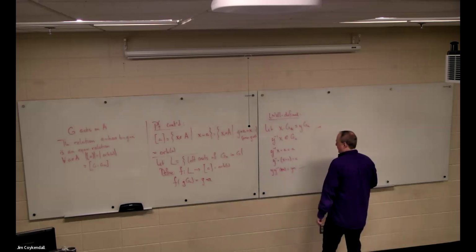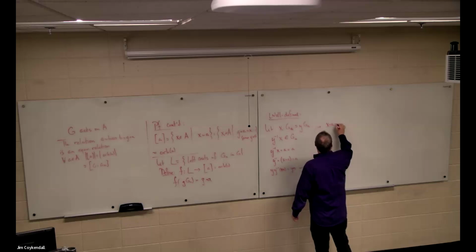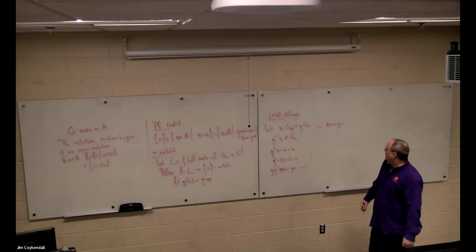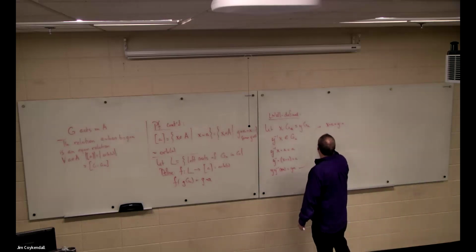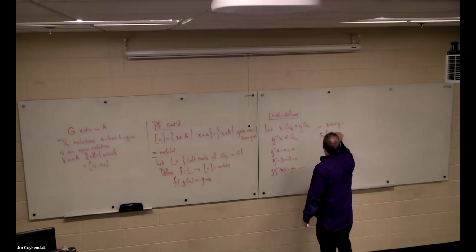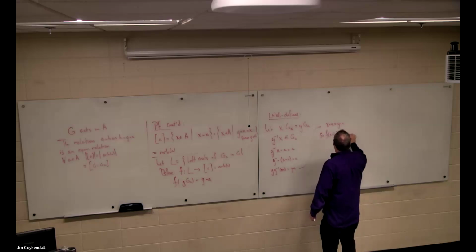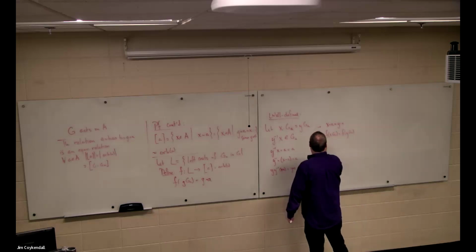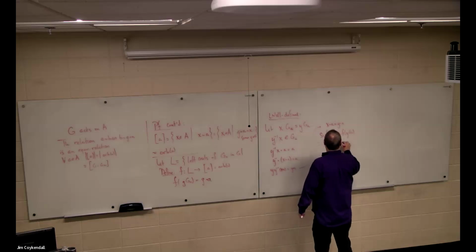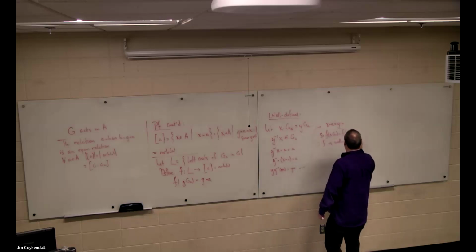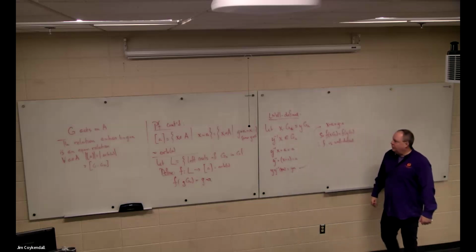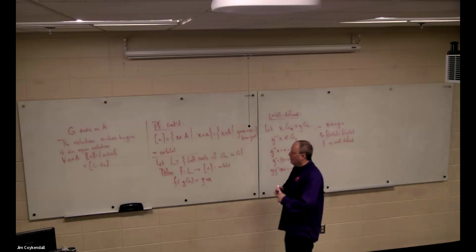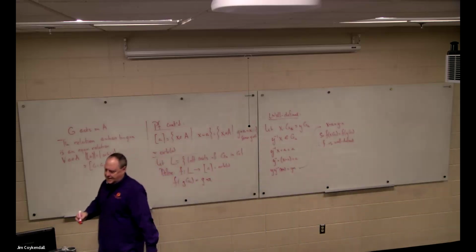And so y inverse cancels, and I get x acting on A is y acting on A. So f of xG_A equals f of yG_A. And f is well defined. Because if you use the x rule and I use the y rule, we get the same answer, right? So, okay, we're good to go. This function is well defined.